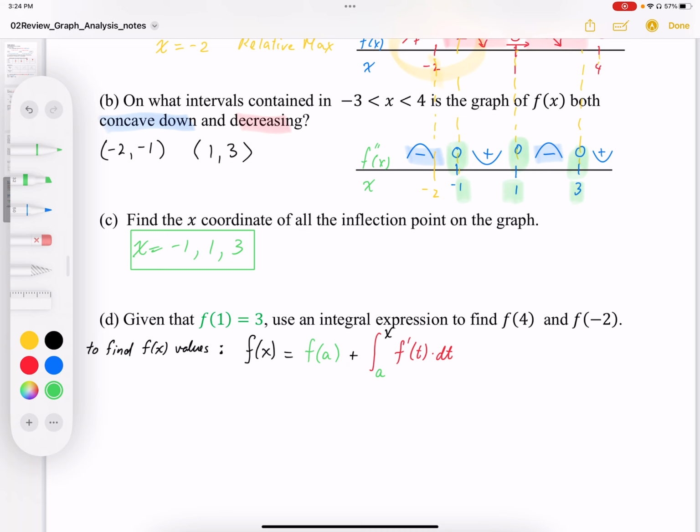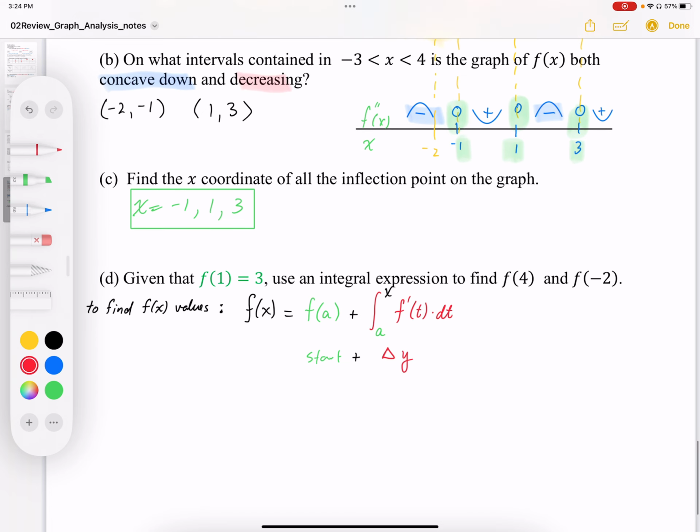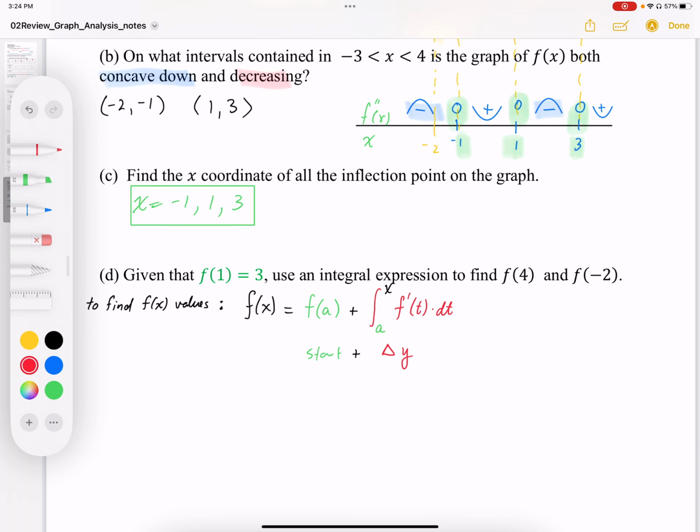So we can kind of look at it like this. This is the starting y coordinate, plus the change in the y coordinate, which is going to be the area under that curve. That's going to give us the final y coordinate f of x. So that's what we're going to do. We've been given a starting point at x equals 1, y equals 3.